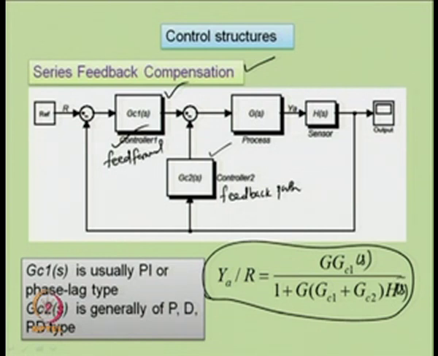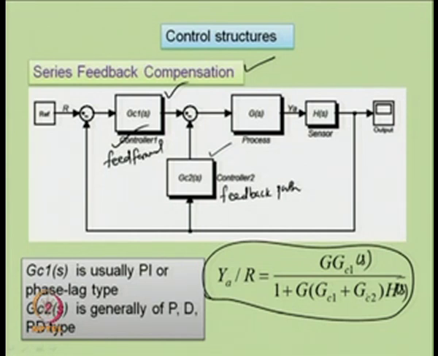How is it different from the series or feedback compensation schemes? When we set G C2 equal to 0, we get a series compensation scheme. When G C1 is set to 0, then we get the feedback compensation scheme.